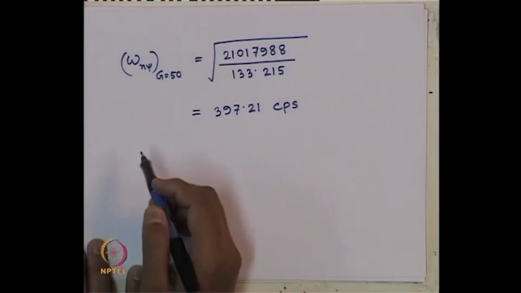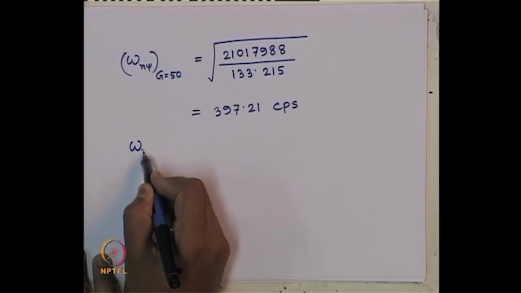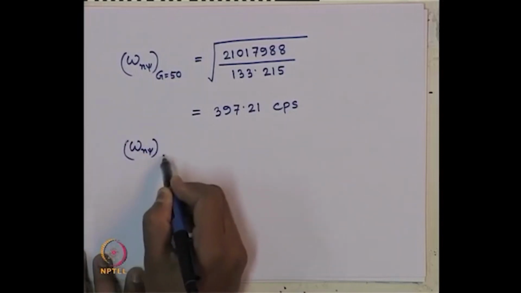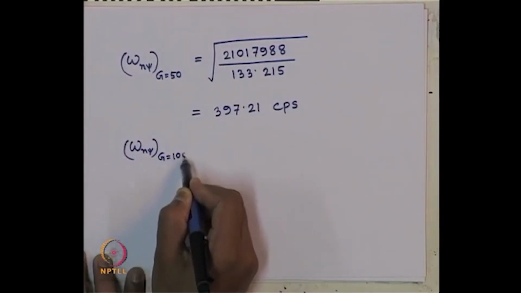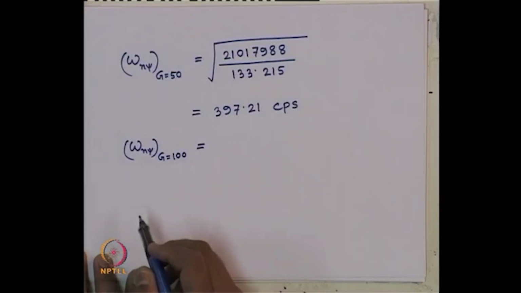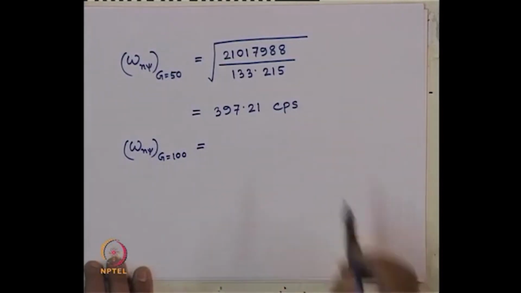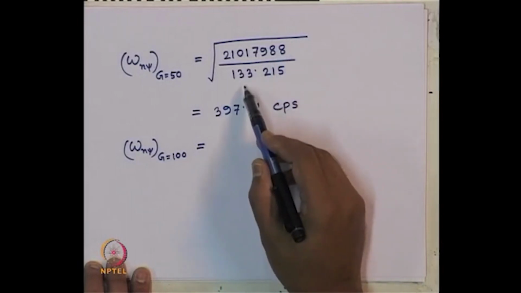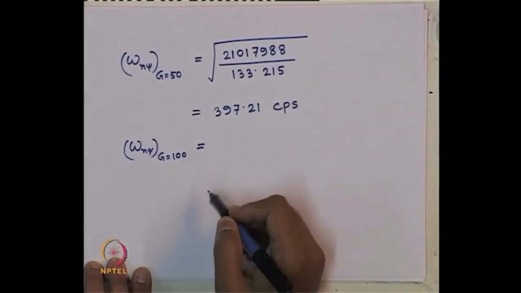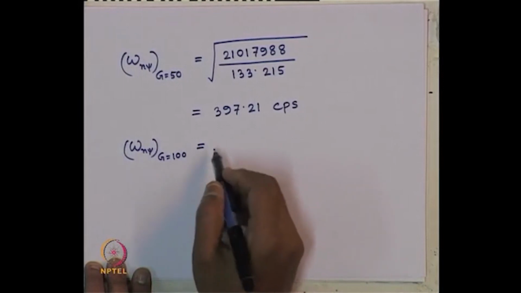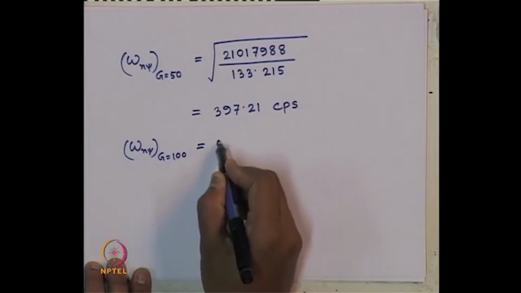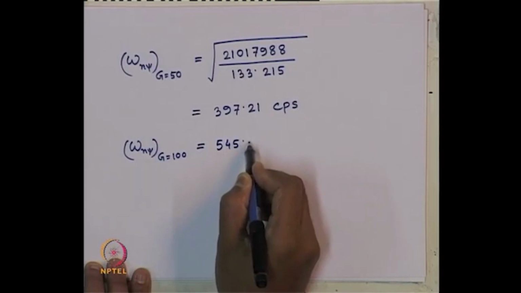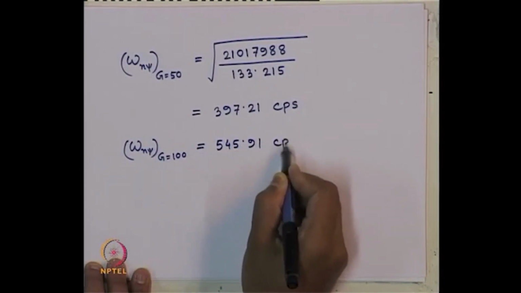397. Okay. Then omega n psi for G equals 100, the next type of soil, how much we are getting? This value will be double and this one will become now 141.052. By putting those values, we are getting 545.91 CPS.